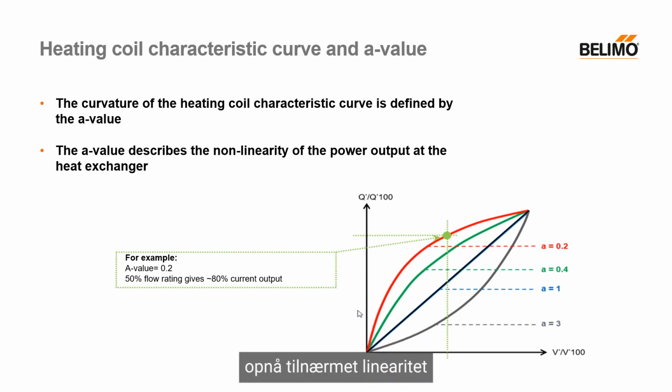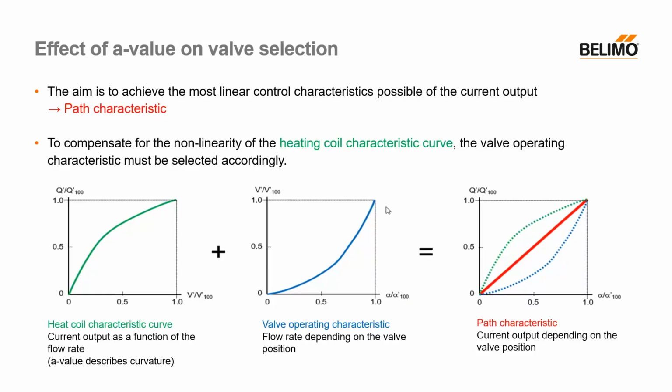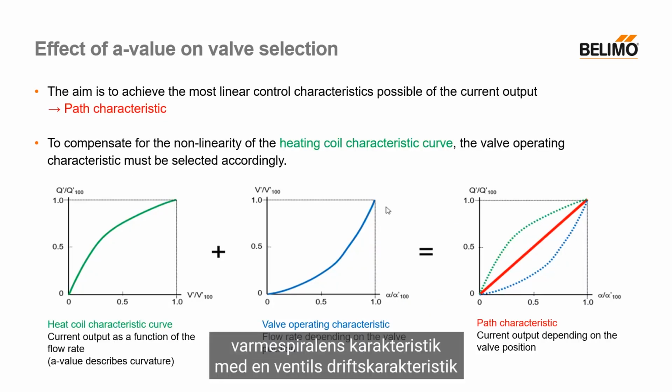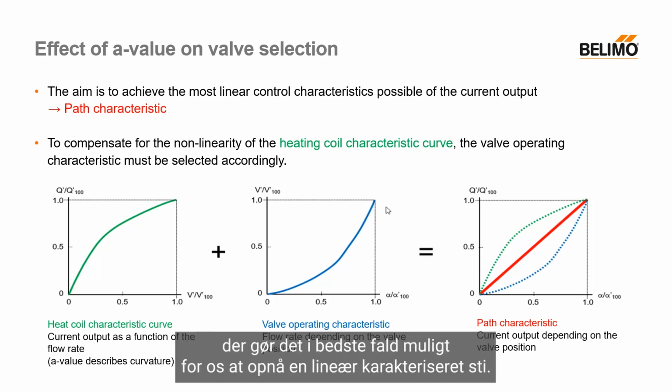However, we want to achieve approximate linearity. That is, at 50% flow rating we have 50% current output. We must therefore contrast the heating coil characteristic with a valve operating characteristic that enables us to achieve a linear path characteristic at best.